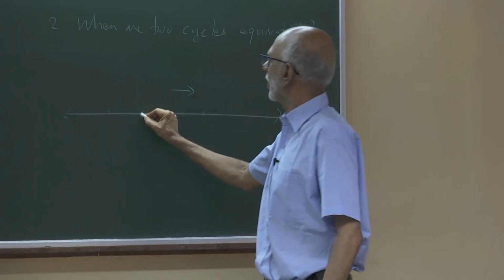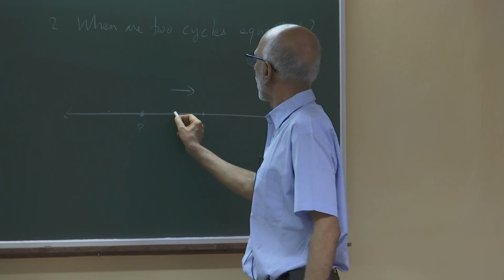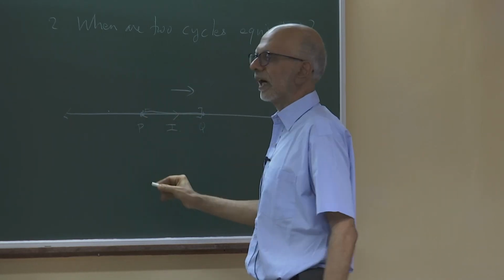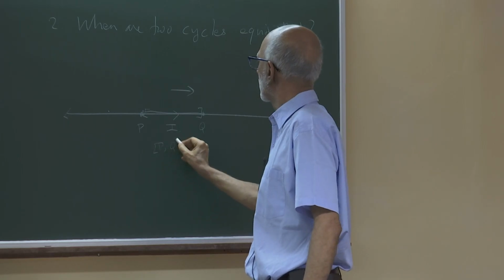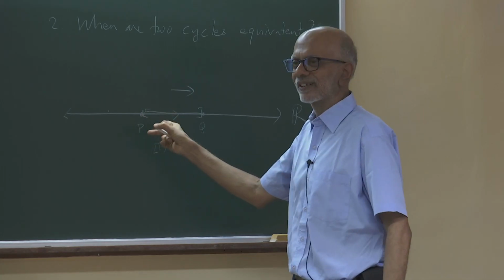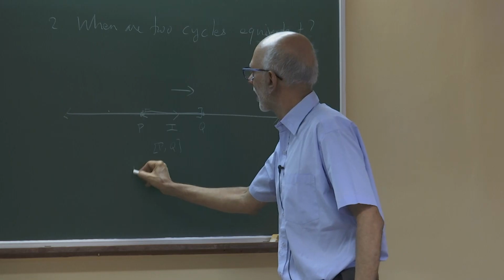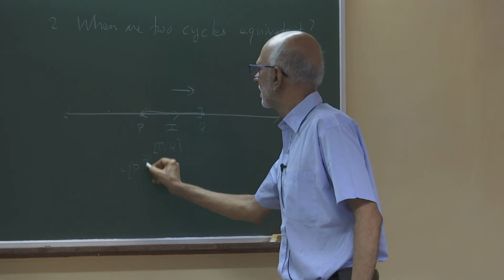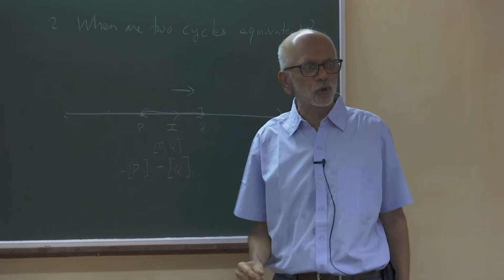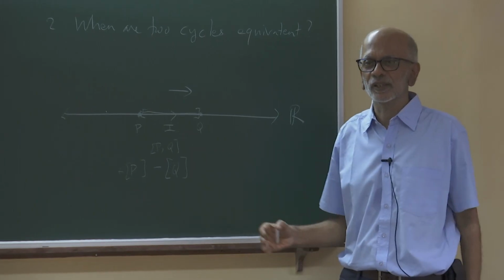Now let's take this point and let's take this point. This is P, this is Q. And now let's take this oriented manifold, which is the interval I. I is the interval PQ. So what is the boundary of I? Because the inward pointing vector is this way, there it will point out, it's going to produce plus P minus Q. I have written this square box to show that I am treating it as a cycle rather than just a point there or submanifold there.